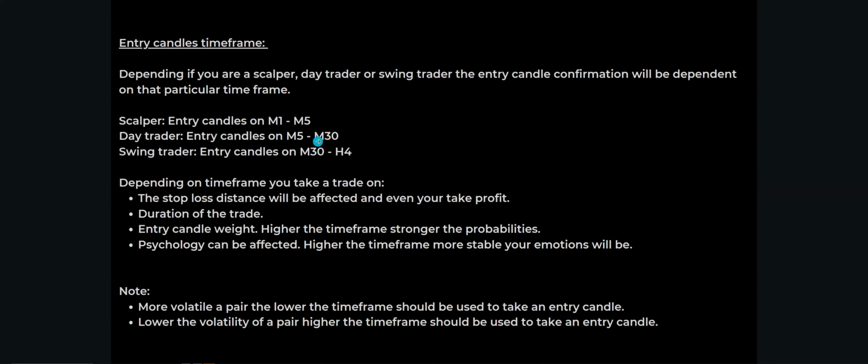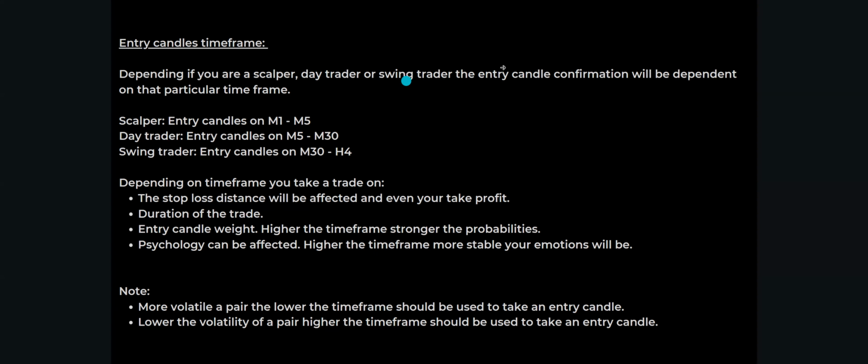So the higher volatility for forex pairs, GJ and GU or so, I'll be looking at the 15-minute. But for a lower volatility forex pair, which has high liquidity, such as euro and the US dollar, I'll be looking at the 30-minute time frame, right? Because the volatility is low. So you got to fluctuate your entry candle depending on the volatility of those pairs. Yeah, it's very simple.